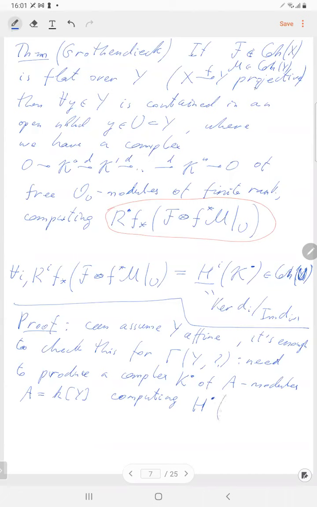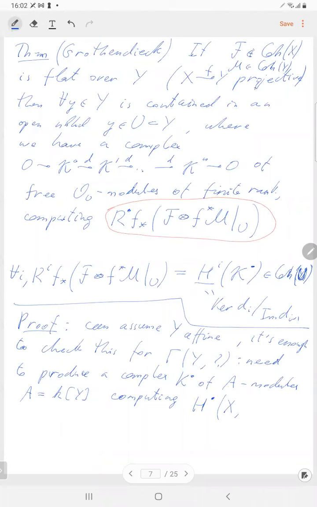Нам же надо модуль над O от U, а здесь получается модуль над A. Да? But once again, if U is equal to Y, then it's very good. Yeah. We're in business.